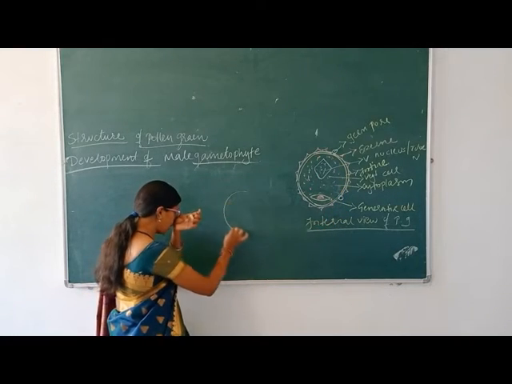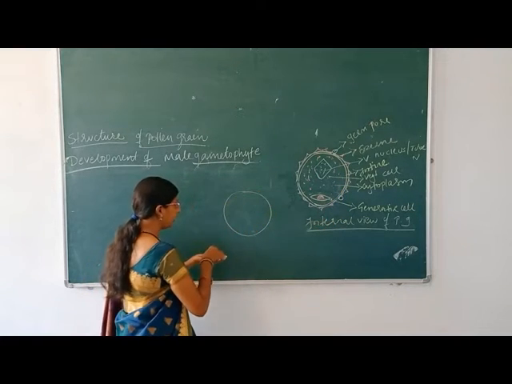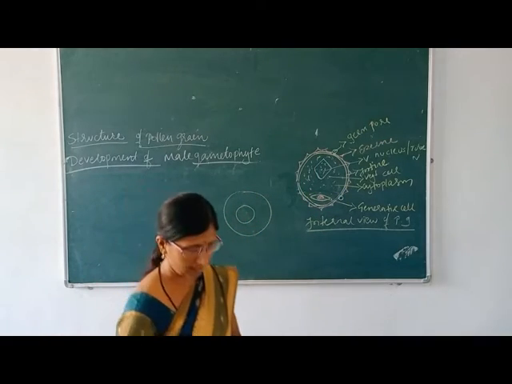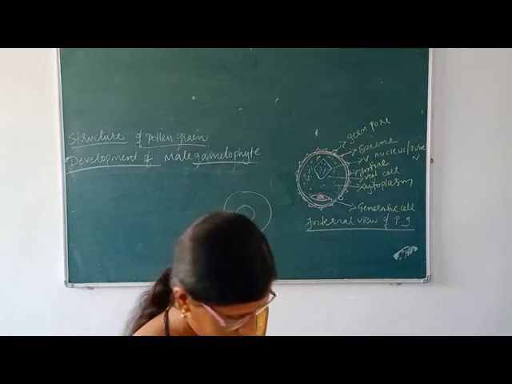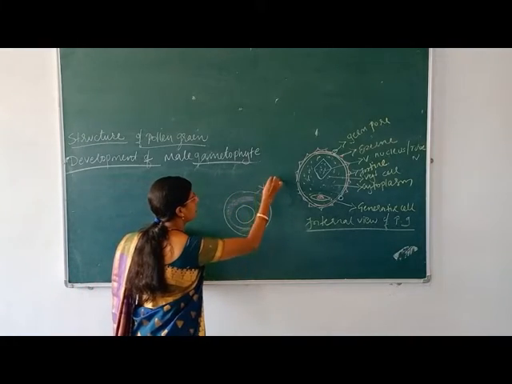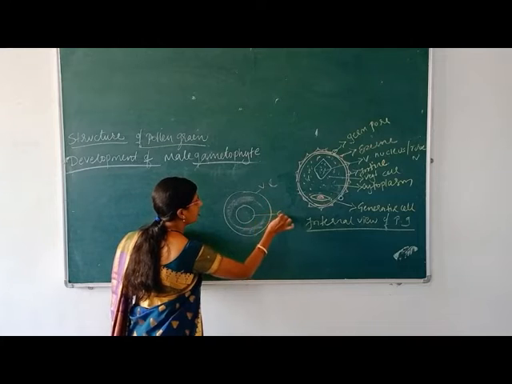For example, this is the vegetative cell, this is the generative cell, and this is the cytoplasm. So VC means vegetative cell, GC means generative cell.